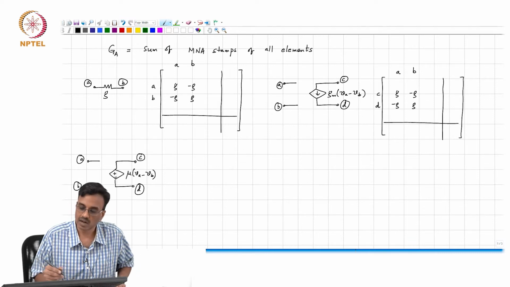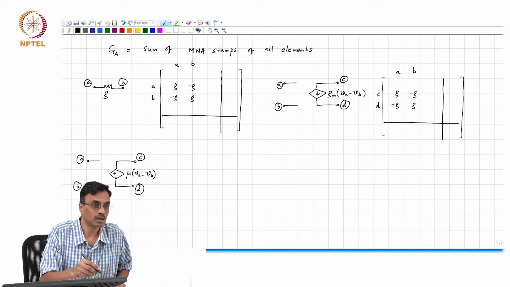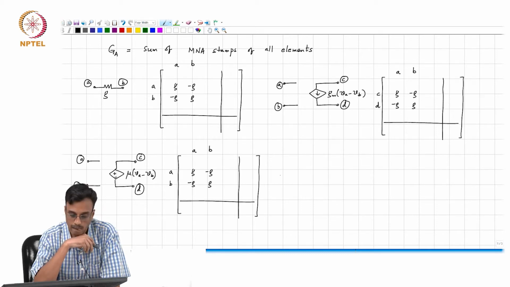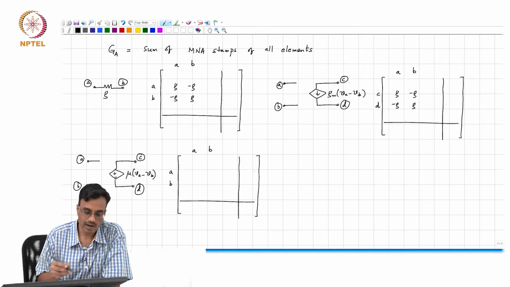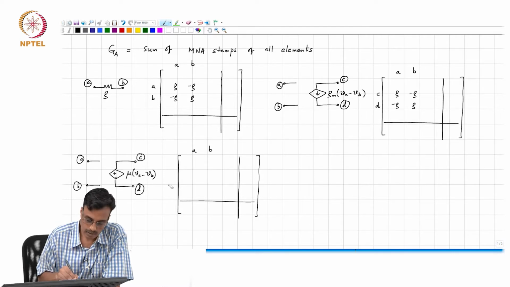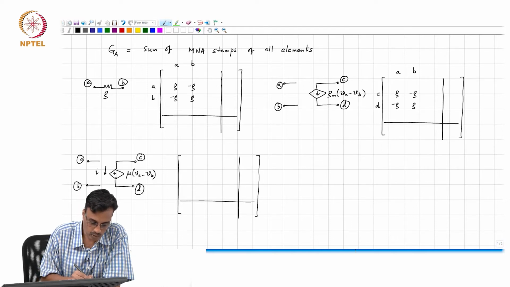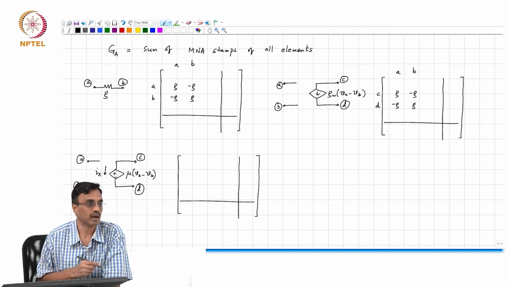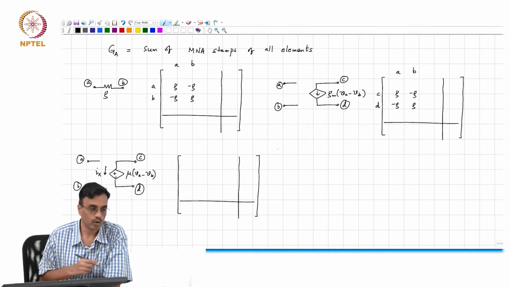How does the MNA stamp of this look like? We need an auxiliary variable now. The auxiliary unknown is basically the current flowing through the voltage source, which is Ix, and that is there in the unknown vector.